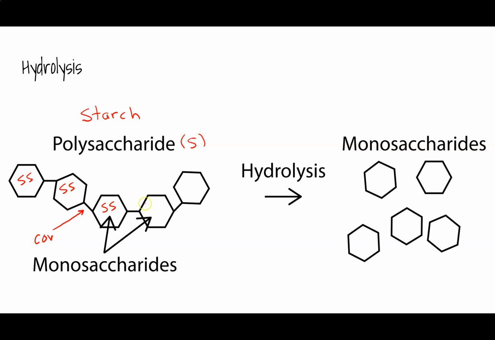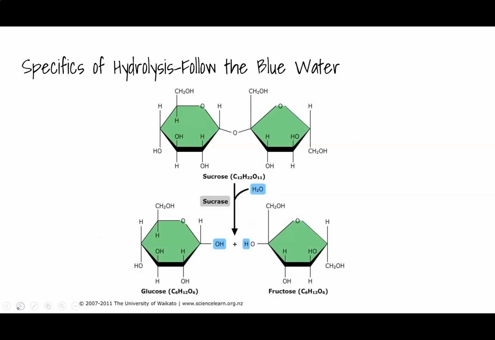So you got 5 simple sugars, which make one giant molecule known as a starch or a polysaccharide. Well, by adding waters, hydrolysis means you add water. That's how you break them up. And now these monosaccharides or simple sugars can be used later in maybe cell respiration, which again we'll talk about in Unit 3.